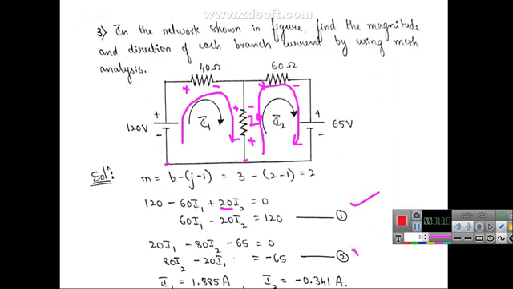This is your equation number 2. Now you can make use of these two equations and two unknowns. You can just subtract one from the other after multiplying by a certain factor, so you can calculate the currents I1 and I2.